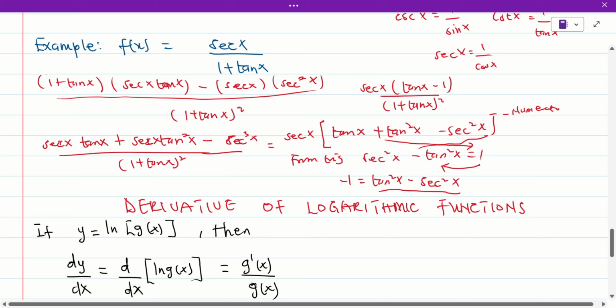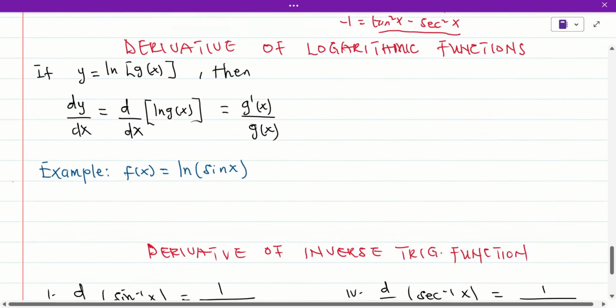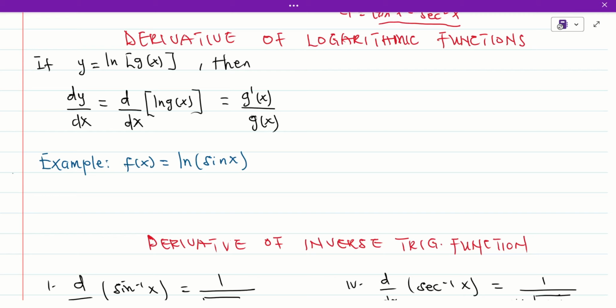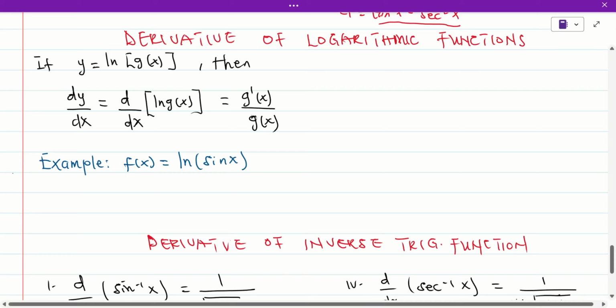All right. Now, the next one is the derivative of the logarithmic function. Okay, and it says that if y is equal to ln of g of x, then dy/dx is equal to d/dx of ln of g of x, which is equal to g prime of x over g of x.